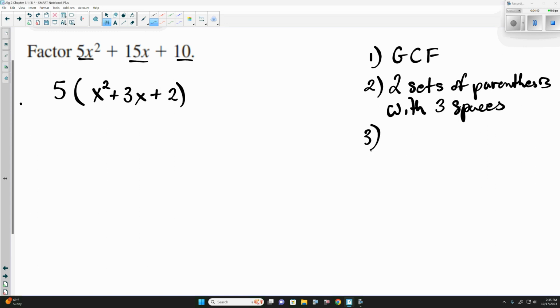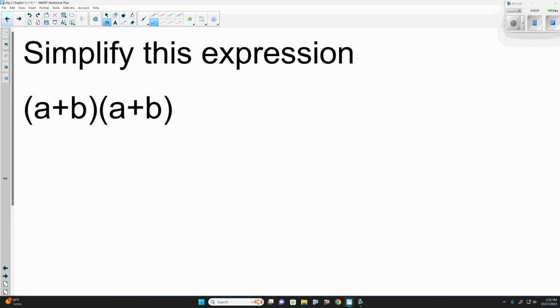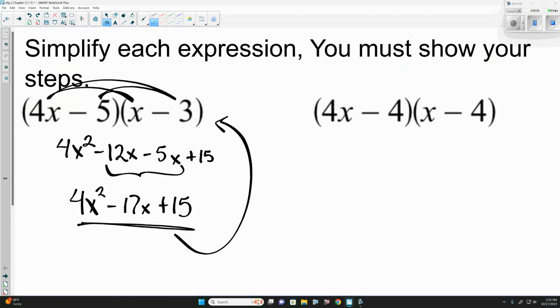So for us here, we will still have the greatest common factor of 5, but we're going to have 2 sets of parentheses with 3 spaces. The 3 spaces help us space the parentheses out so that we have enough room for everything to fit. What's going to go in these spaces is kind of what we had here: two terms and a sign in the middle for each one.